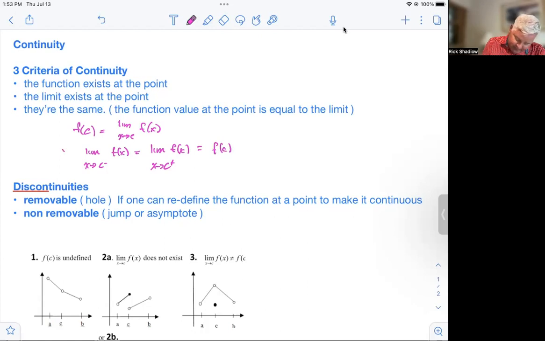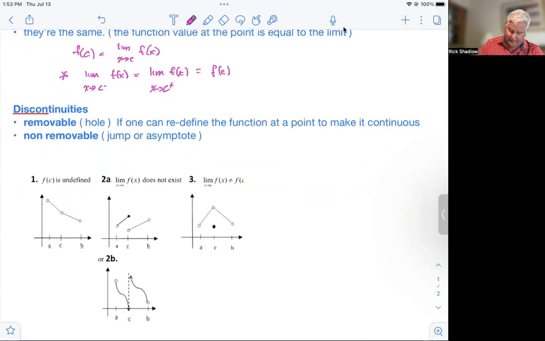So on the AP test, I might encourage you to write something like that if you were trying to prove that a function was continuous: that you recognize both the left-hand limit and right-hand limit are the same, and then as well it's equal to the function value, and therefore it is continuous at that particular point. And once again, if it's continuous at all points on the interval under this criteria, then the function is said to be continuous for that entire interval.